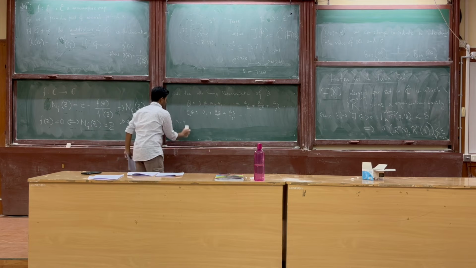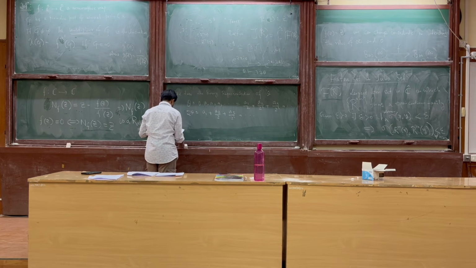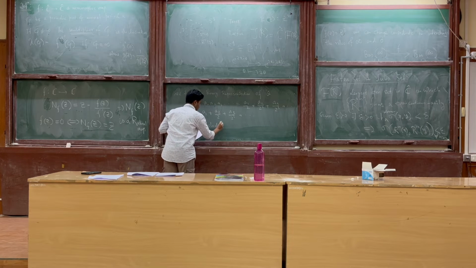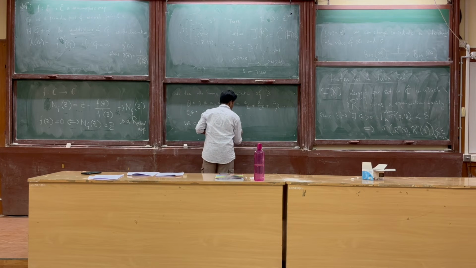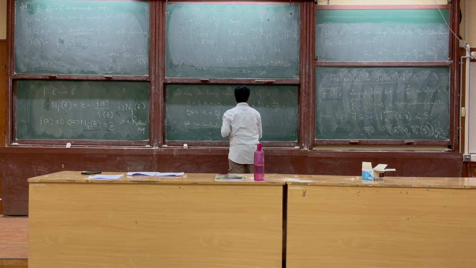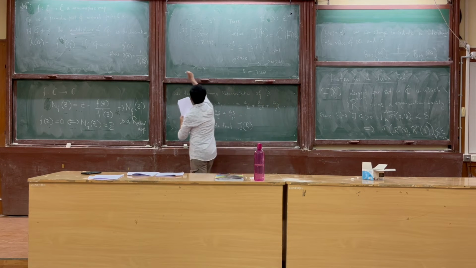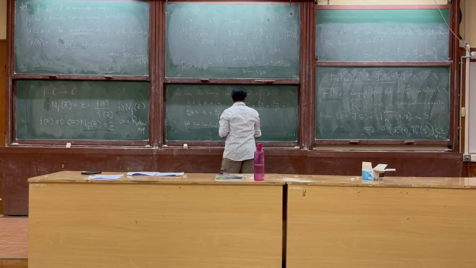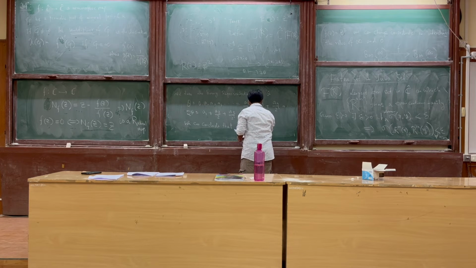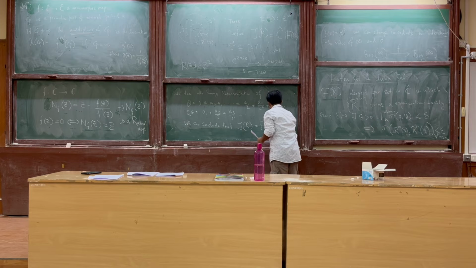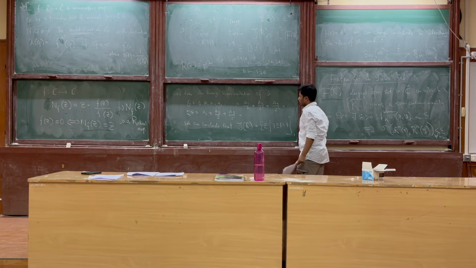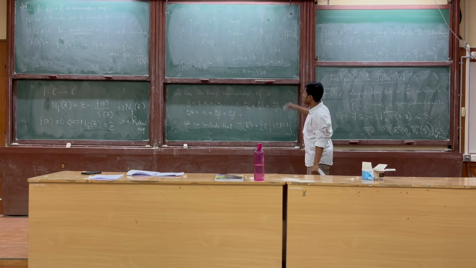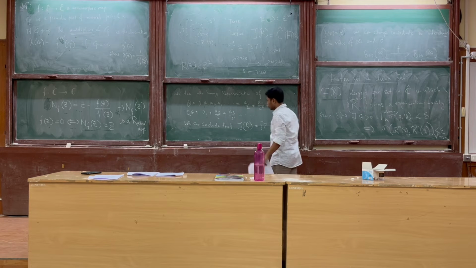So we conclude from here that the Julia set of R, where R is our z squared, is precisely the circle, and you can observe that this union makes the whole C intact. So this is the Julia set.